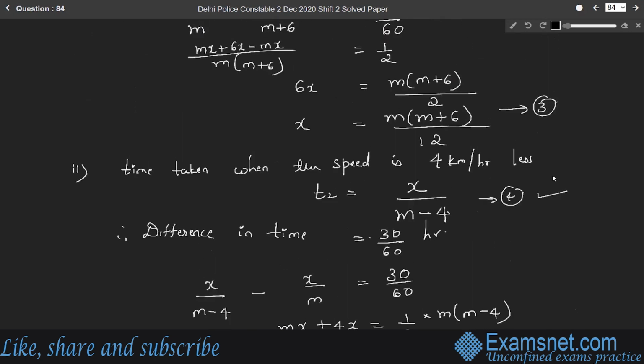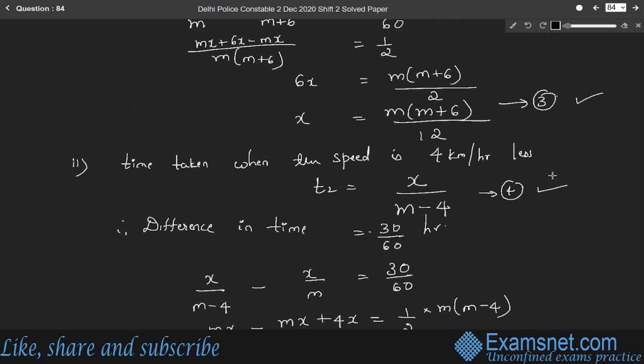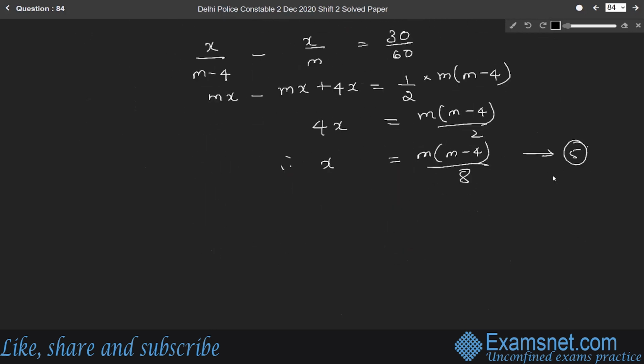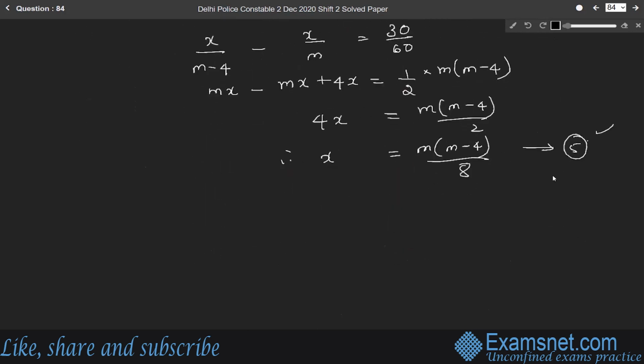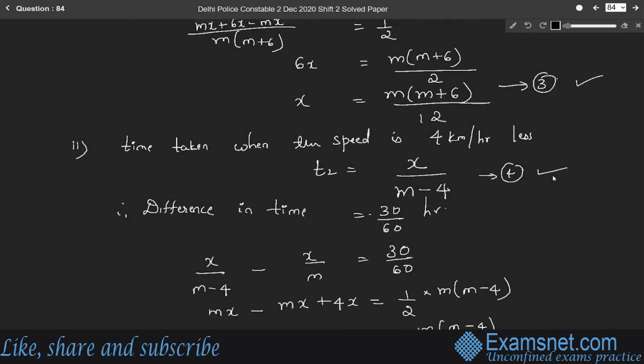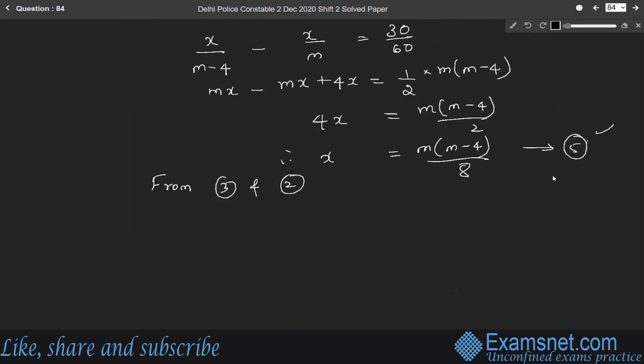Right? From 3 and 5, 3 gives the value of x and also 5 gives the value of x. From 3 and 5, we can equate m into m minus 4 by 8 and m into m plus 6 by 12.